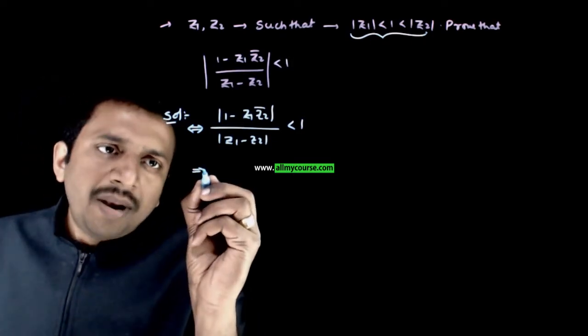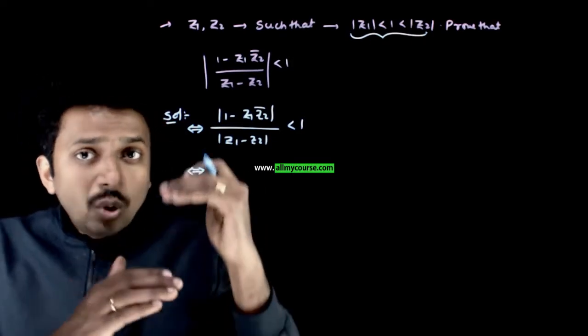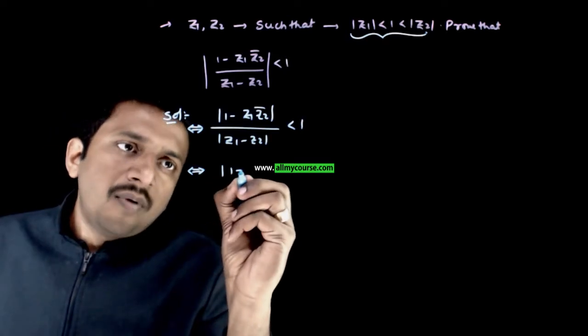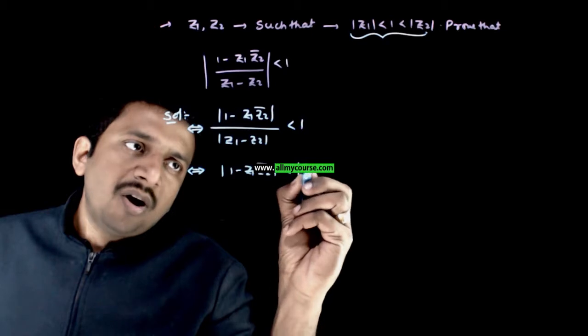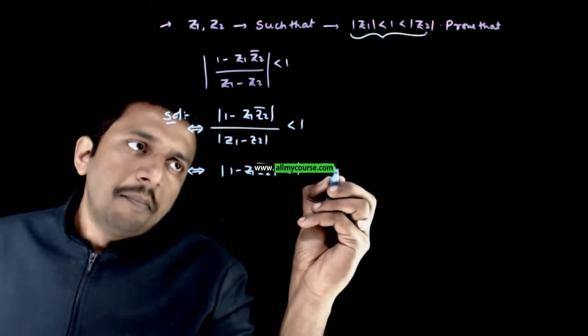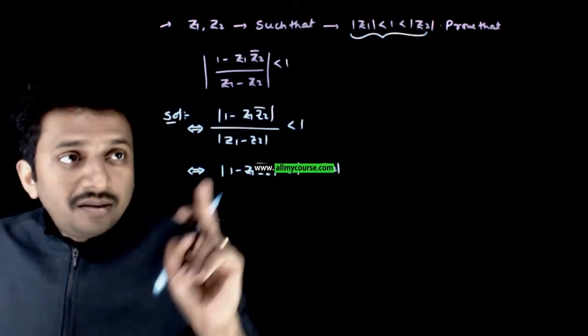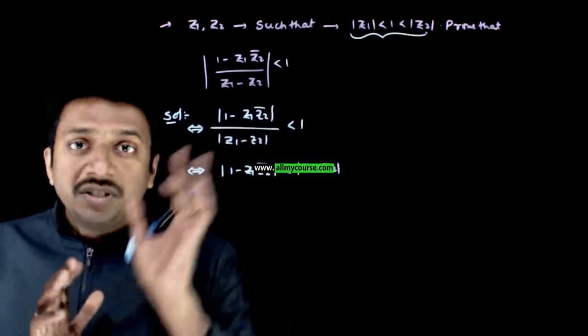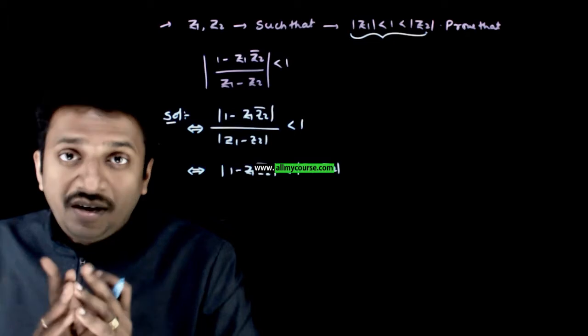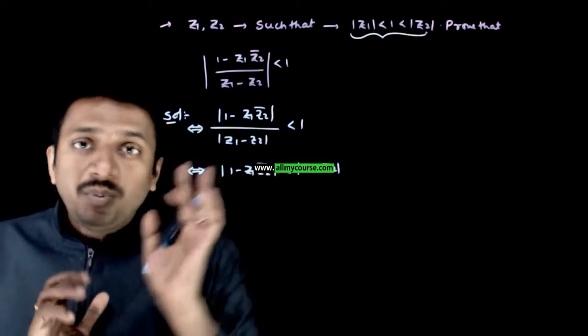So this implies, that means it works in both ways, modulus of 1 minus Z1 Z2 bar is less than modulus of Z1 minus Z2. I am able to cross multiply this because I know that these two are positive quantities. Now, I'll square it on both sides.